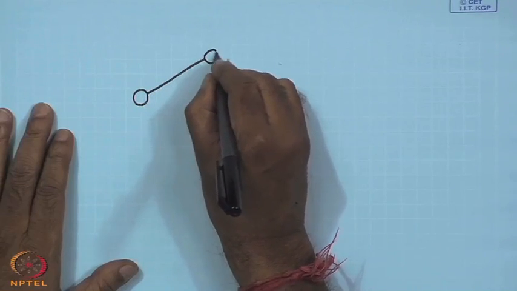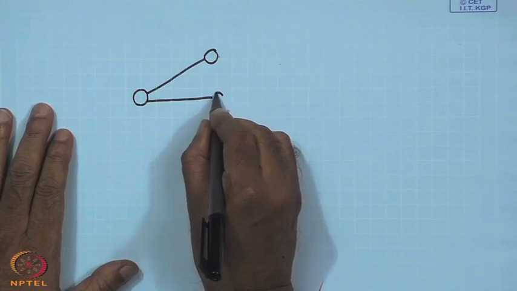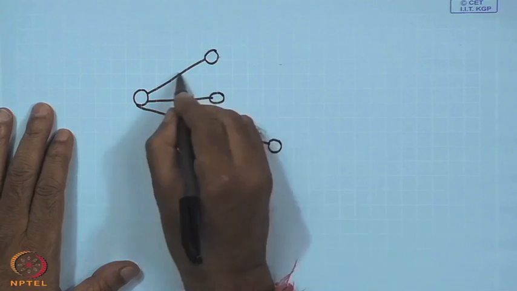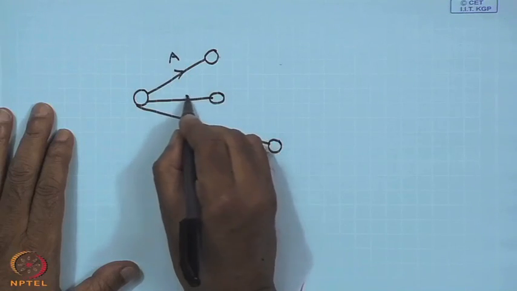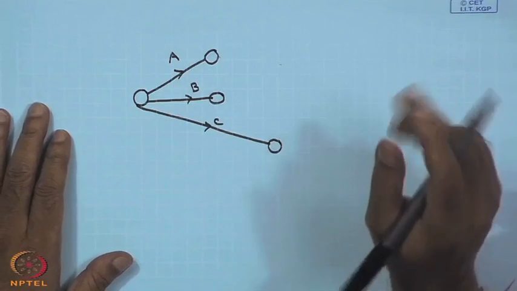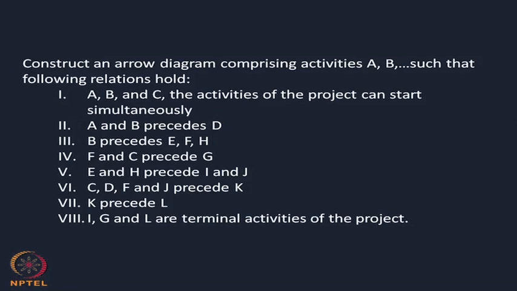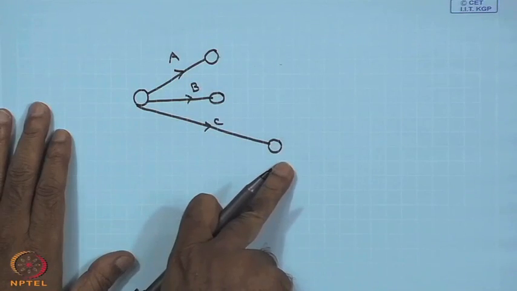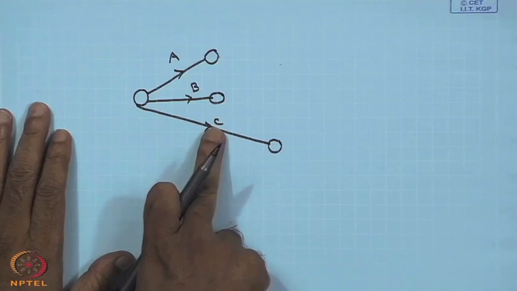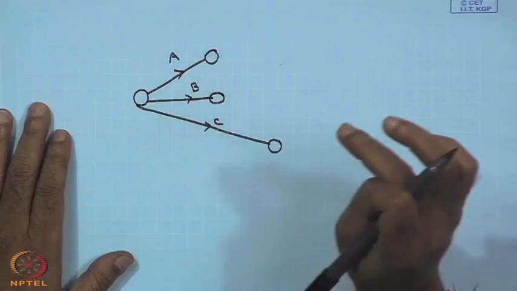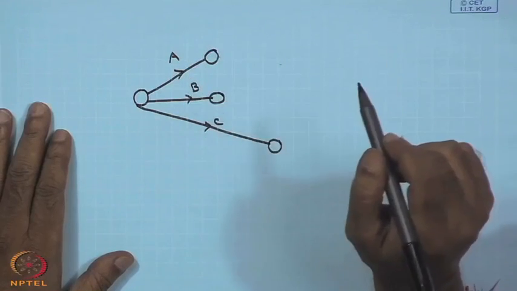So, I am drawing these three activities, say this is A, this is B and this is C. A, B and C can start simultaneously. Basically, starting simultaneously means these three activities can be performed parallelly, not sequentially. Please make the difference.